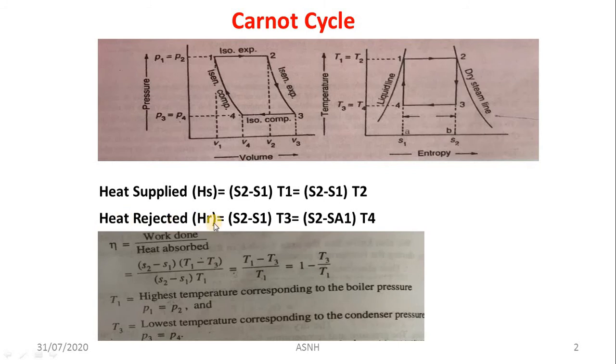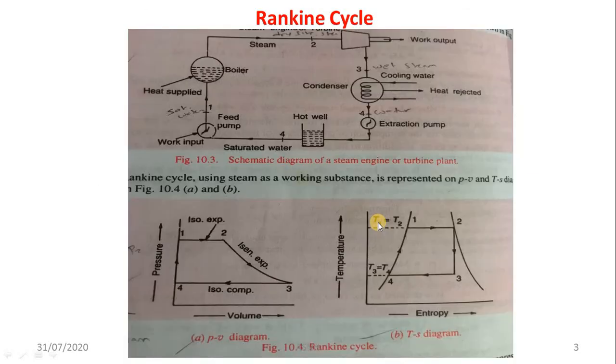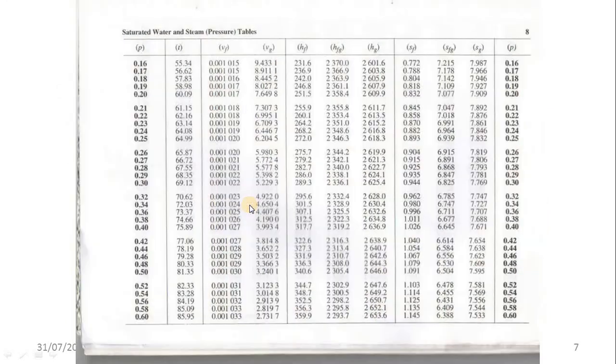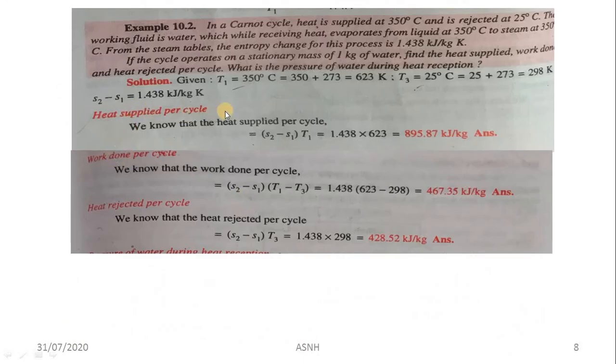Similarly, heat rejection is equal to S2 minus S1 into T3, that is S2 minus S1 into T4. The formula of the heat supplied is change in entropy into absolute temperature. So the change in entropy is S2 minus S1 and the absolute temperature is T1.